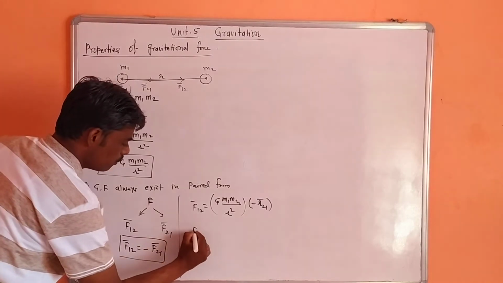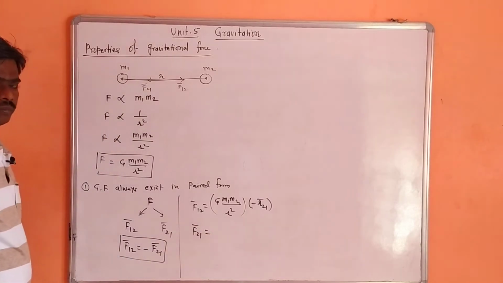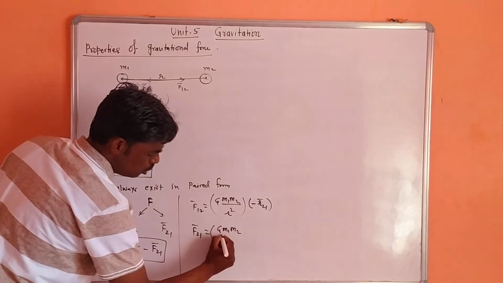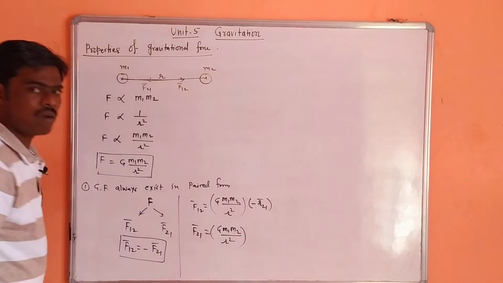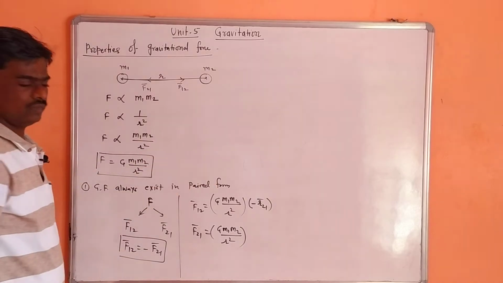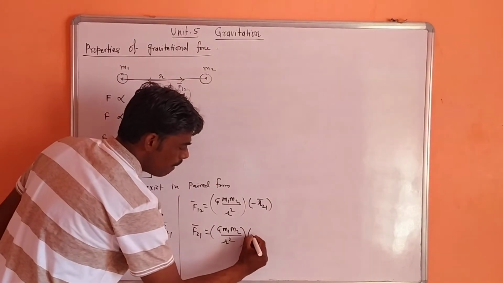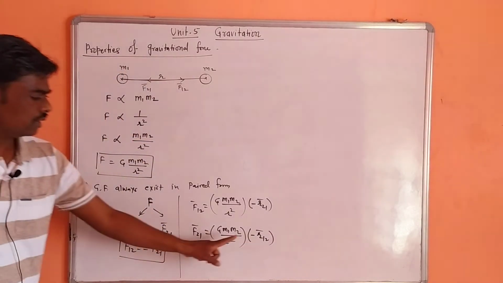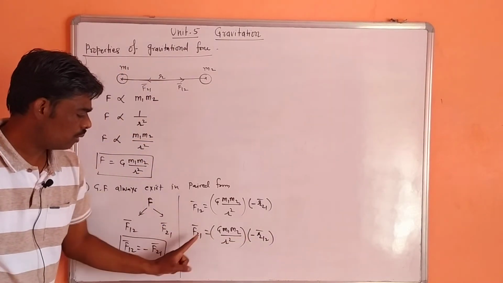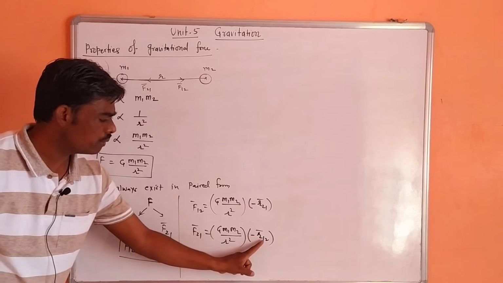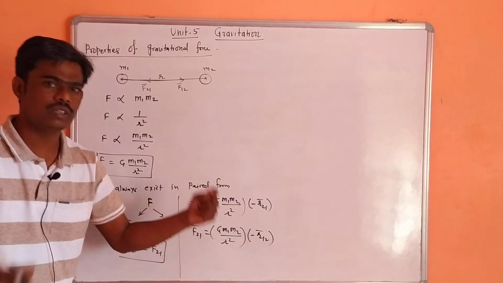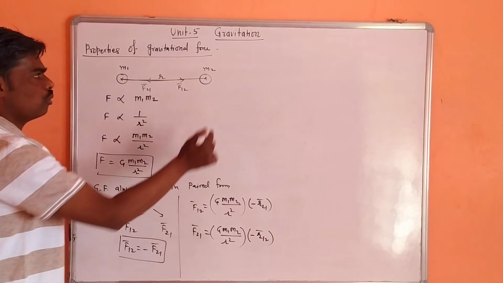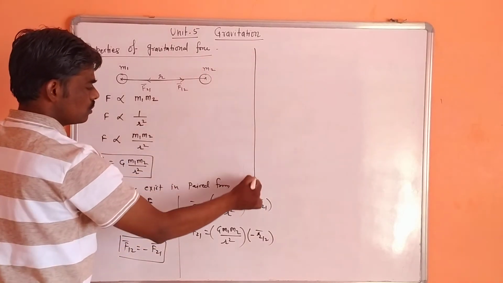Similarly, we can write vector F21, magnitude G m1 m2 upon r square, and its direction is given by unit vector minus r12. The negative sign indicates that vector F21 and unit vector r12 are oppositely directed. So, this is the vector form of gravitational force.